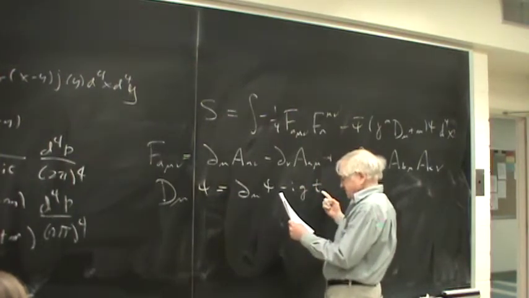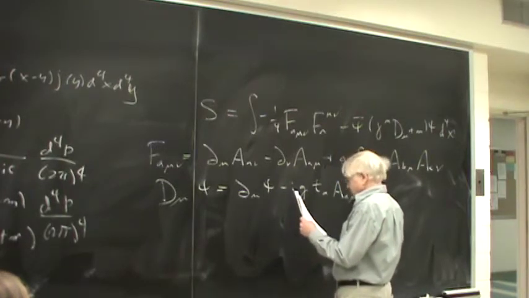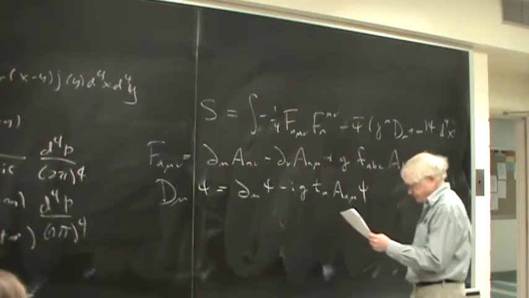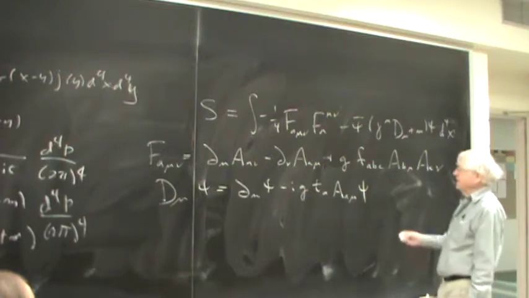These are the generators in that representation. So it's T^a A^a_mu psi. Okay, I guess you've seen this so many times I don't need to repeat it, but if you want, we've got another 4 minutes, I can repeat it.